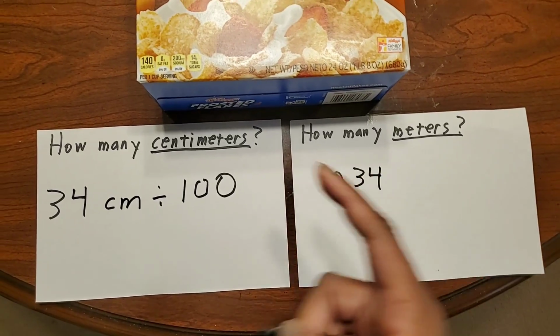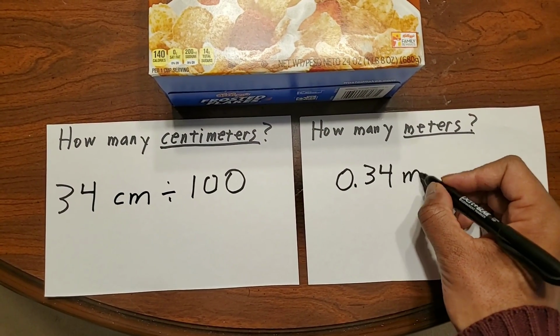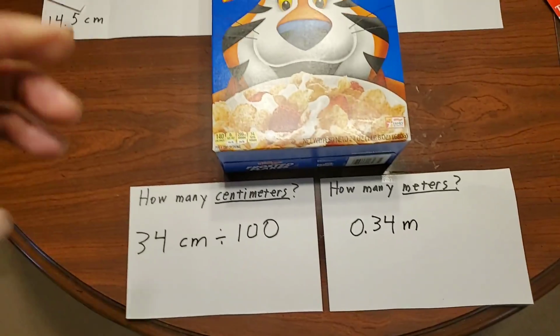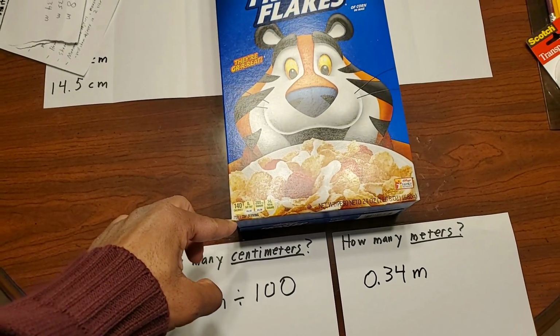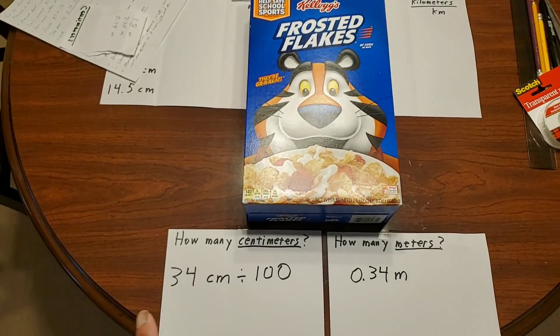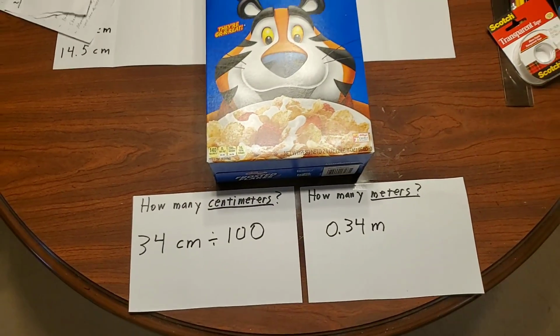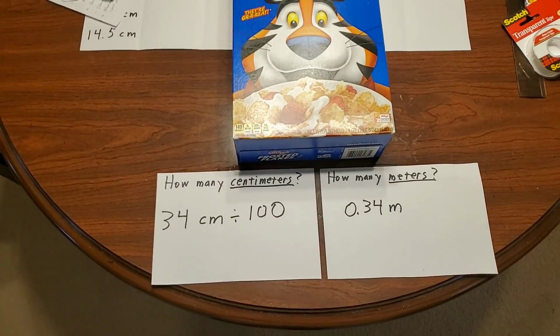0.34 what? We're turning it from centimeters into meters. If you said 0.34 meters, you are correct. So from the bottom of our Frosted Flakes box to the top, I can say it's 34 centimeters, or I could say it's 0.34 meters. That is the height of it.